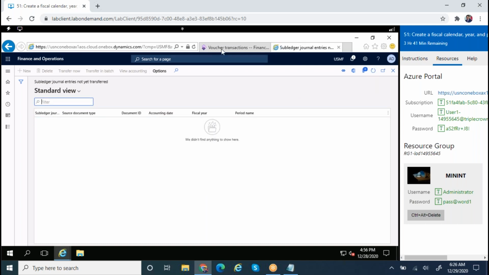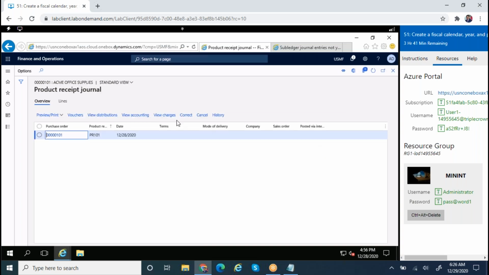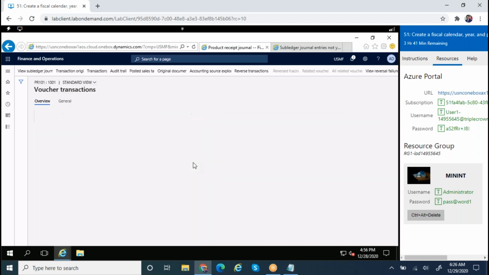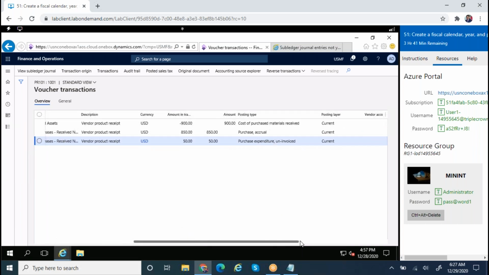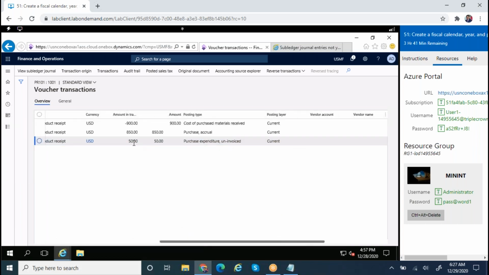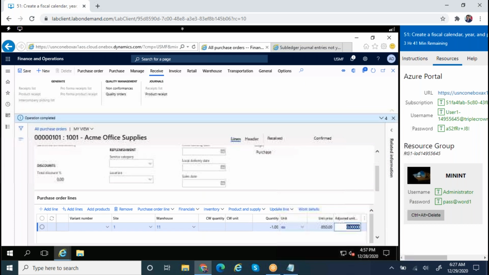Transfer now. Voucher, it will be posted to temporary accounts. See, purchase expenditure uninvoiced also posted. 50, the difference. Purchase expenditure uninvoiced, even this is at the time of product receipt. In the same manner, at the time of invoice, purchase expenditure invoiced account will be posted.